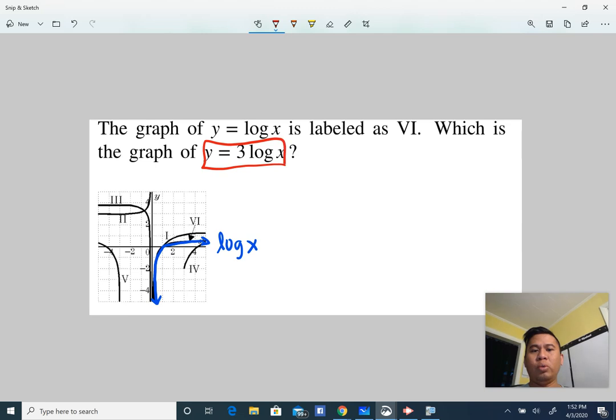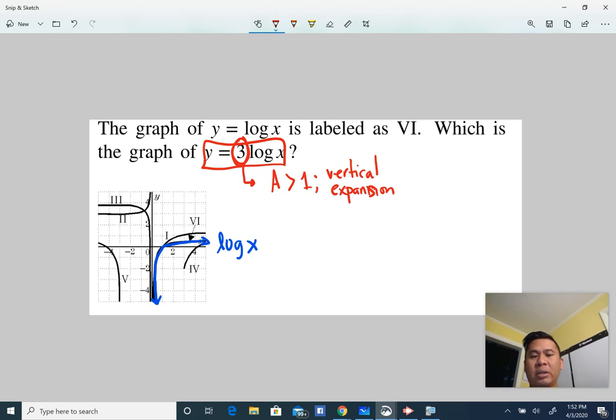Since there's a 3, that means that's your value of a, which is more than 1, which means that there should be a vertical expansion, which means that the original log of x should be expanded vertically. So in that particular case, 3 log of x should be this particular number 1 in here.